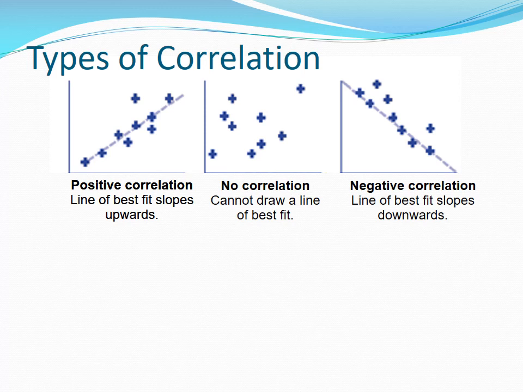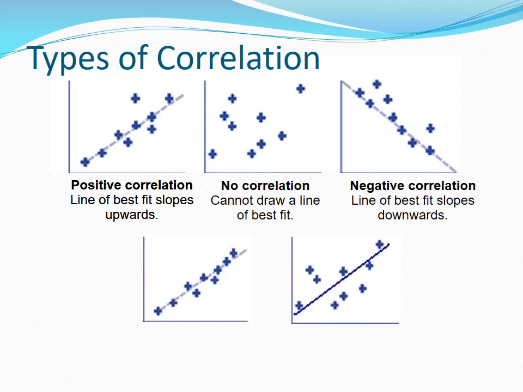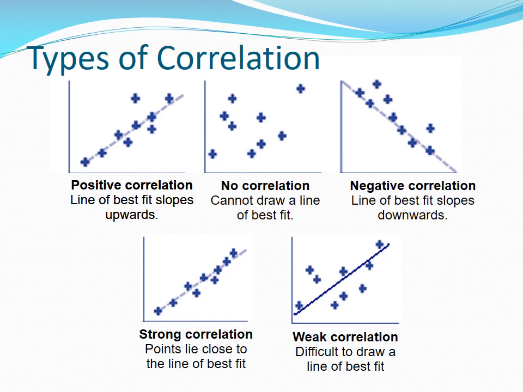In some cases, the points are very close to the line of best fit. In this case, we call it a strong correlation. And if you look at the last graph, the points are a little bit away from the line of best fit. We call it weak correlation. So we might have weak positive correlation, weak negative correlation, strong positive correlation or strong negative correlation.